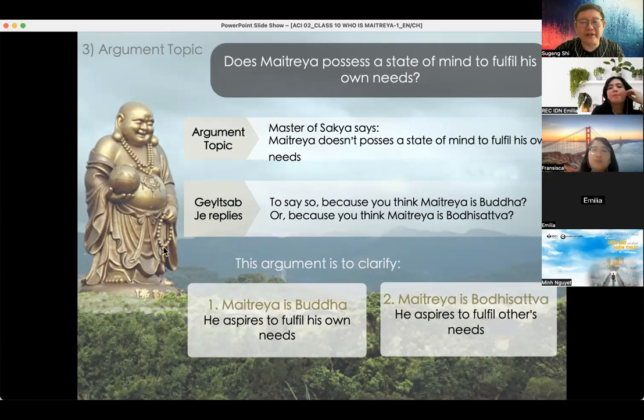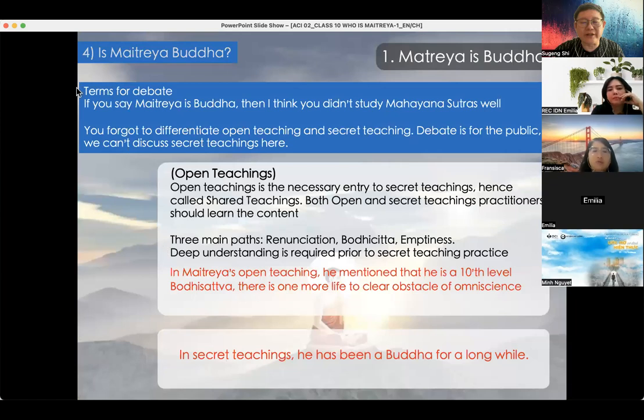So now, is Maitreya a Buddha? In fact, Gyaltsabje said that if you say Maitreya is a Buddha, then you didn't study the Mahayana Sutras well, meaning you don't differentiate the open teaching and the secret teaching well.